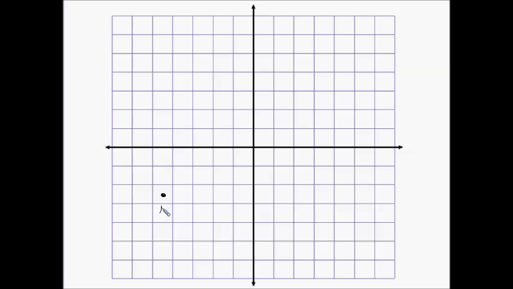Okay, that's A. B is -9 and 1. Okay, -9, 1. Okay. C is -4 and 1. 2, 4, 1. And I'm trying to find D. And it's supposed to be a square or a rhombus, a rectangle? It is supposed to be a rectangle.